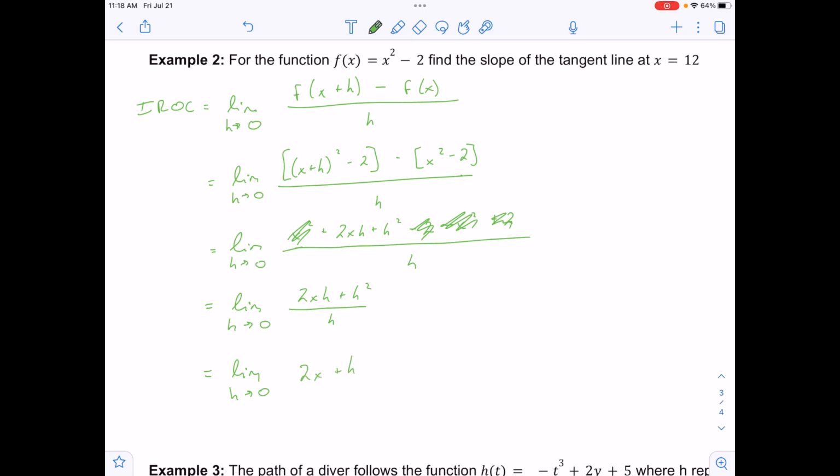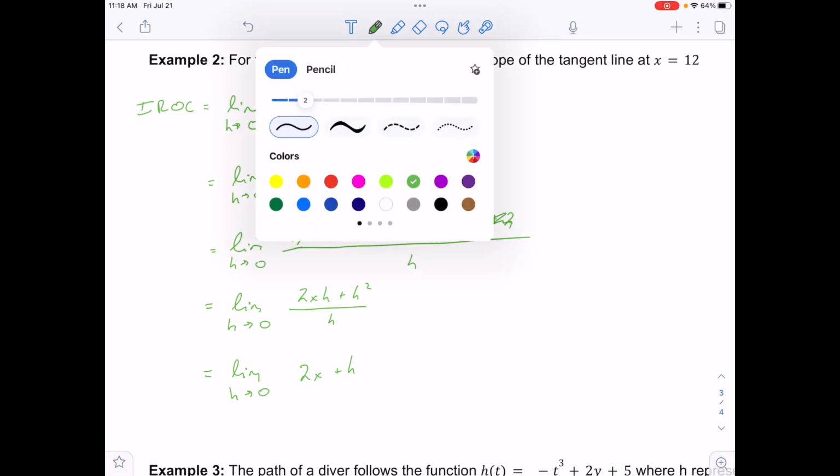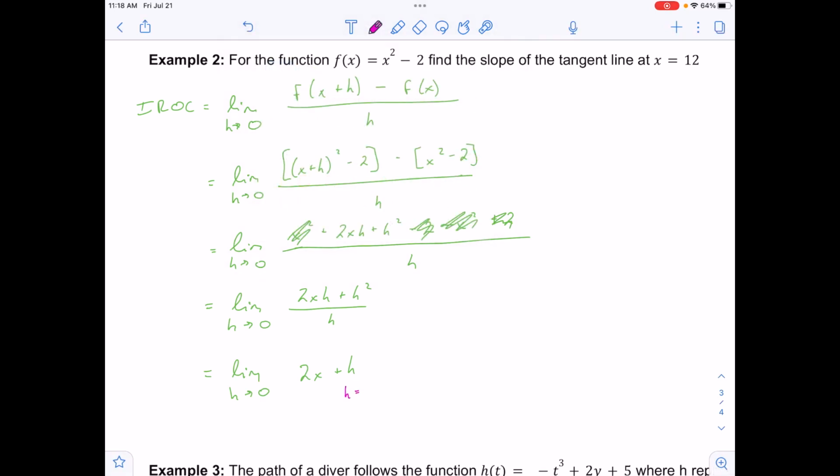Now what we're doing at this point is saying, okay, we want h to get as close to 0 as possible. Let's actually just set it equal to 0. So I'm going to make h equal to 0 at this point. Once I do that, I no longer need to write limit as h approaches 0.